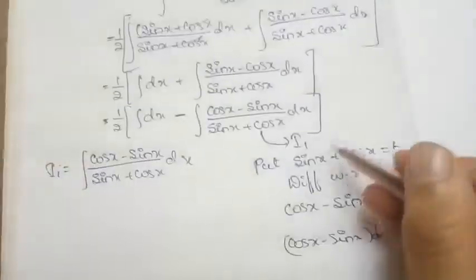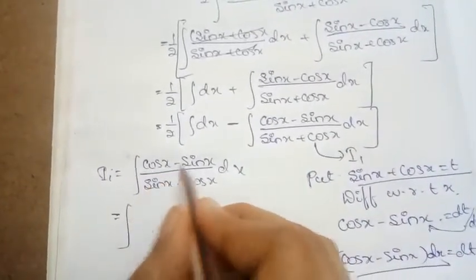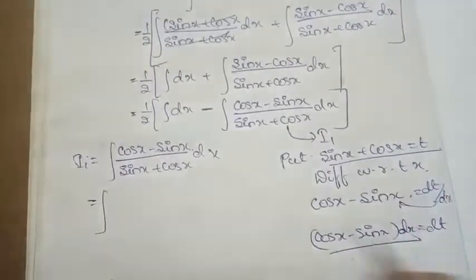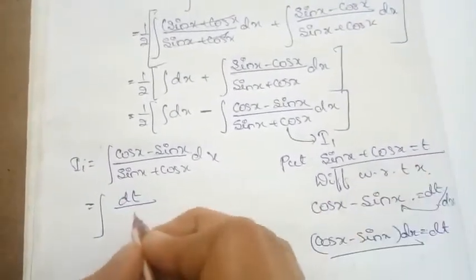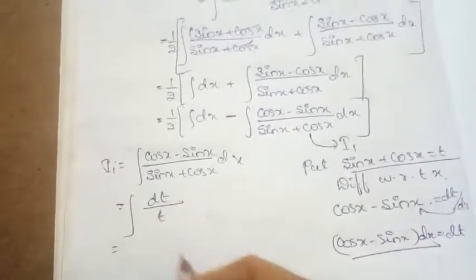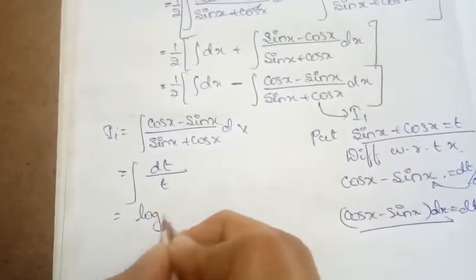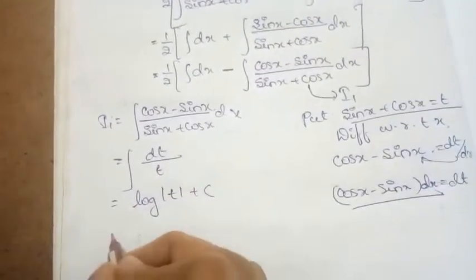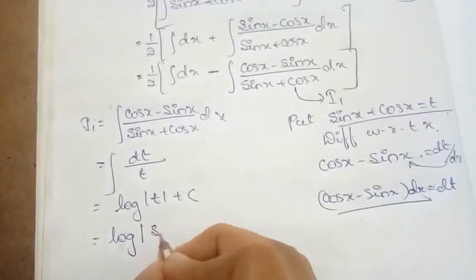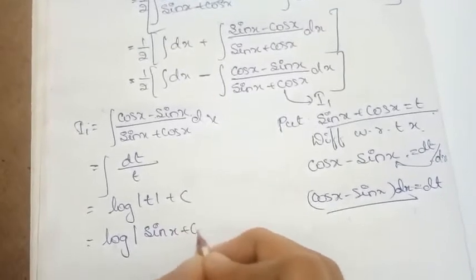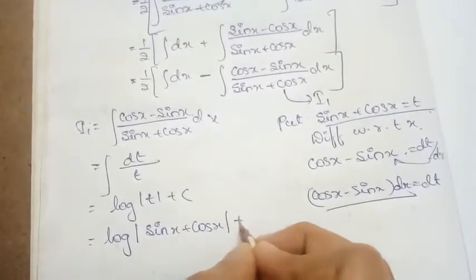Now I substitute these terms in the above equation. Cos x minus sin x into dx equals dt, and sin x plus cos x equals t. The integration of this is log of mod t plus c, which is equal to log of mod sin x plus cos x plus C1, substituting back the value of t.